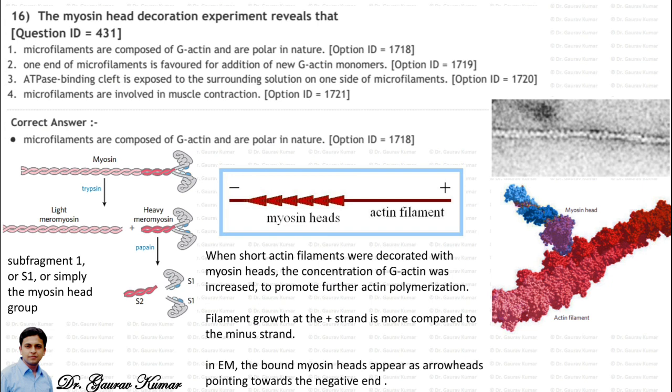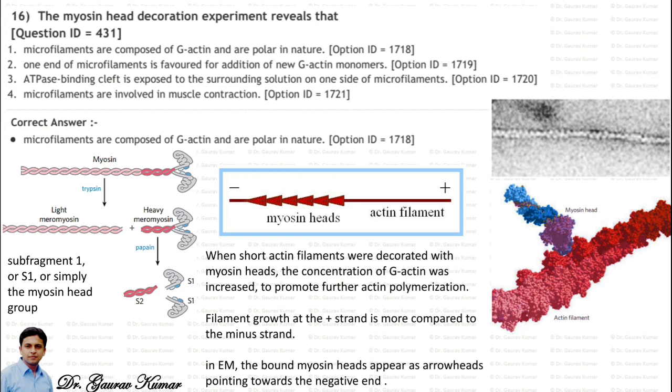Now the answer says that the microfilaments are also polar in nature. How are they polar? Because the filament growth at the plus end is more compared to the minus end, and the electron microscopic images show that the bound myosin heads appear as arrowheads pointing towards the negative end. So a polar nature was introduced in the complete filament, a negative pole and a positive pole.